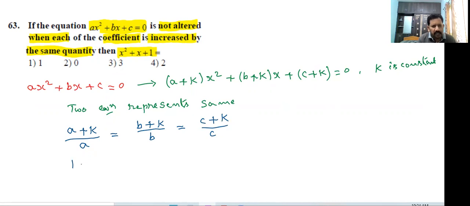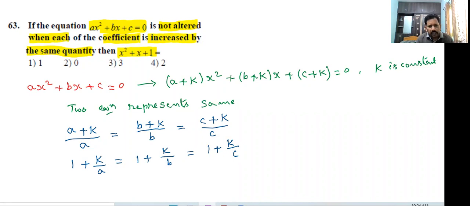Split here, we get 1 plus k by a is equal to 1 plus k by b is equal to 1 plus k by c.